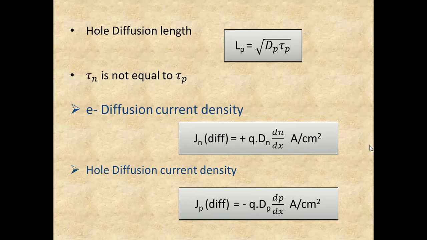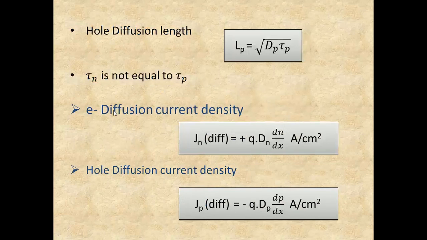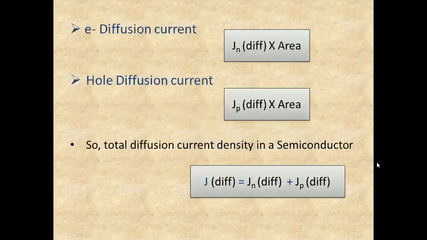Now you're clear with the electron diffusion current density and the hole diffusion current density. From these two formulas we build the electron diffusion current, which equals the electron diffusion current density times area, and similarly for holes.